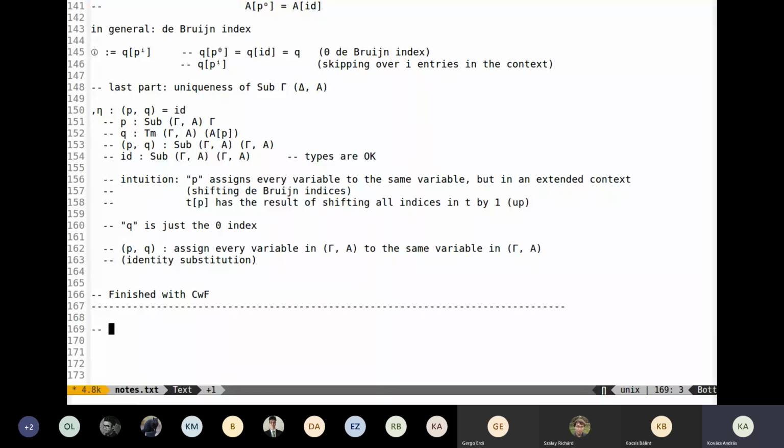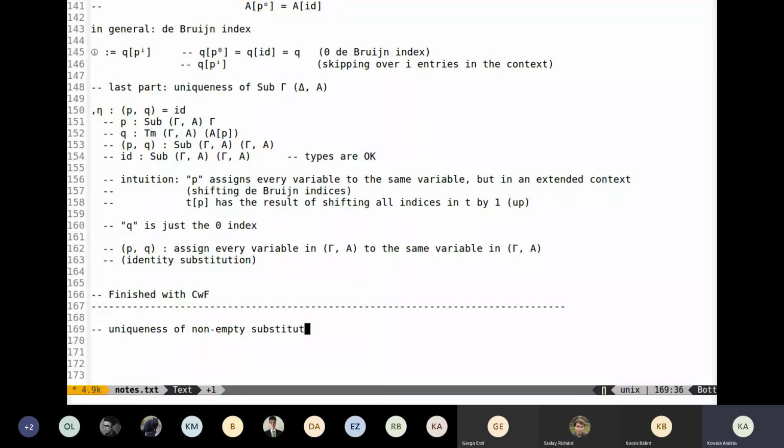For example, we usually use this derived rule quite often.